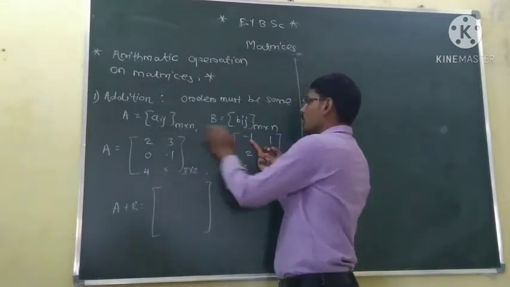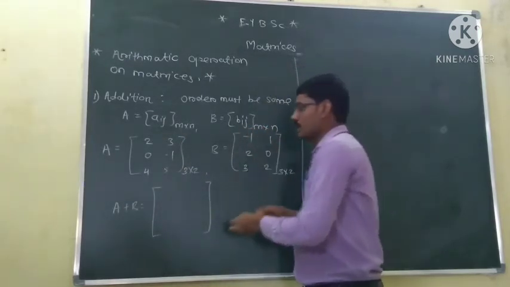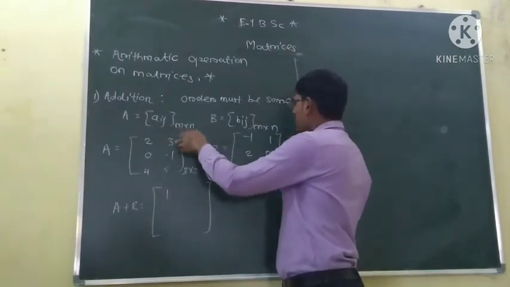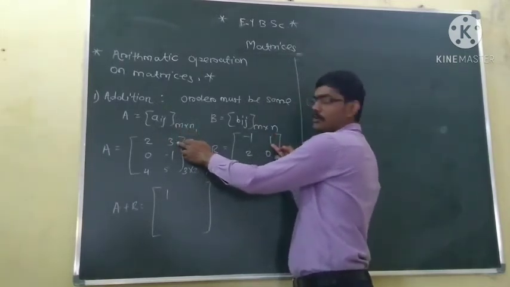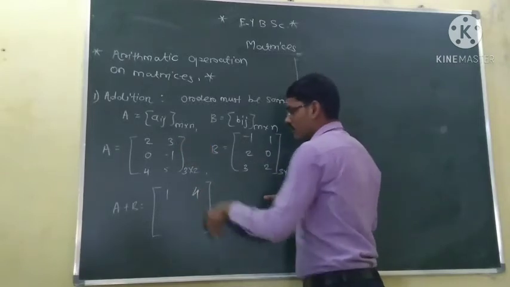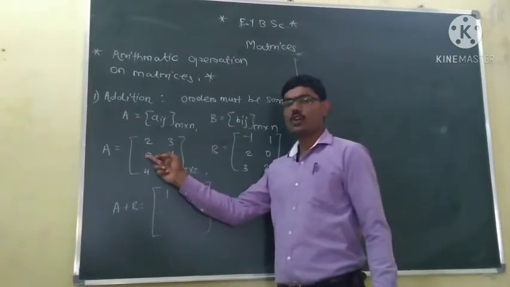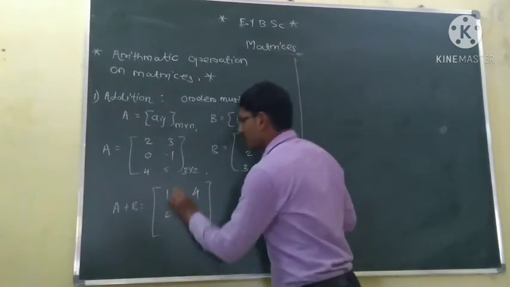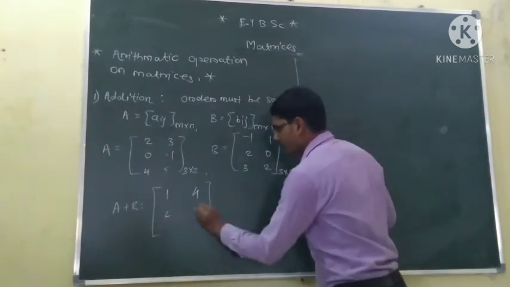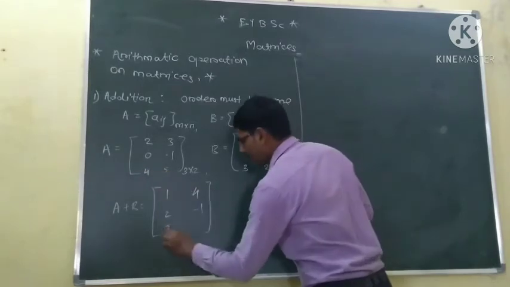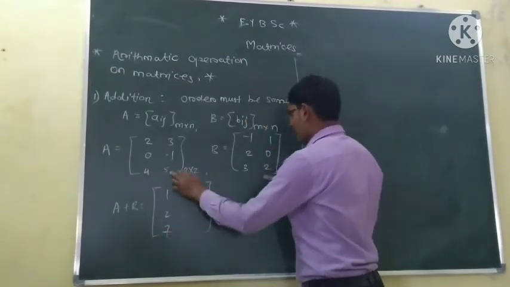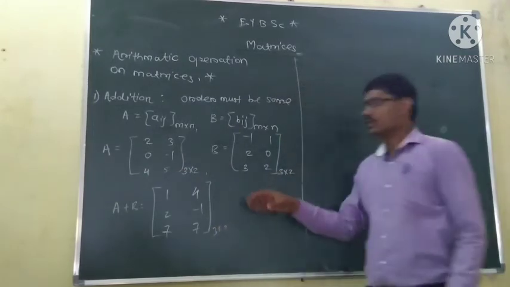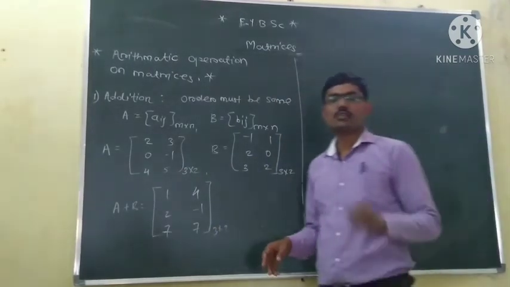So 2 plus minus 1, that is 2 minus 1 is 1. Then first row, second column, here 3, here plus 1, 3 plus 1, 4. Here second row, first column, 0 plus 2, 2. Like this, minus 1 plus 0, minus 1, 4 plus 3, 7, and 5 plus 2, 7. Order again 3 by 2. So like this, we add the two matrices.